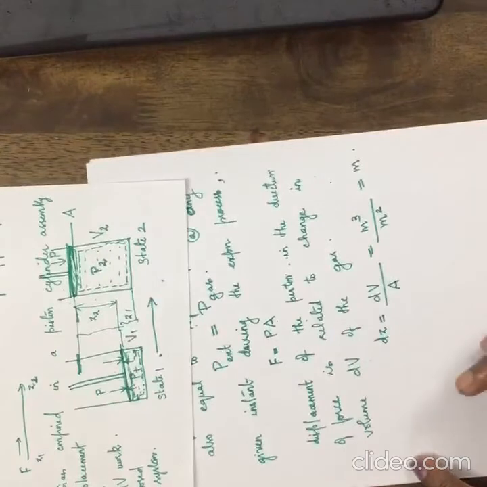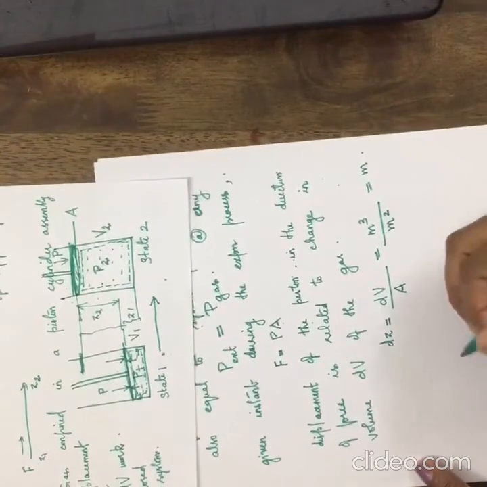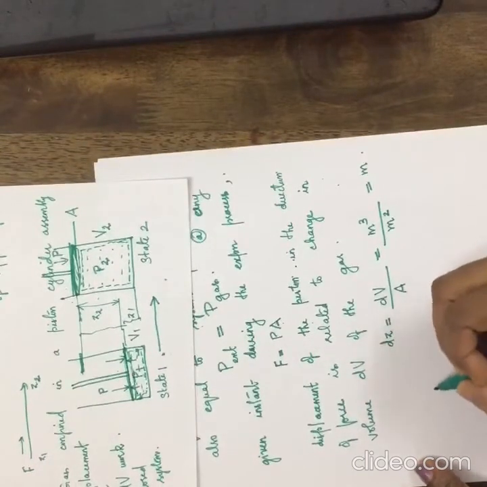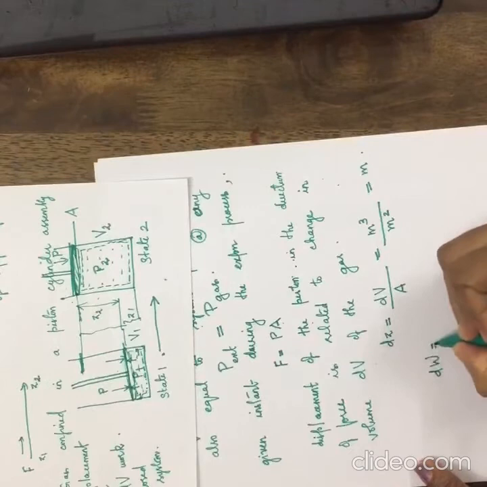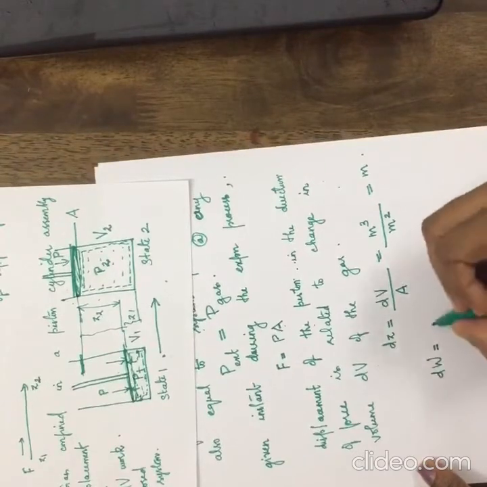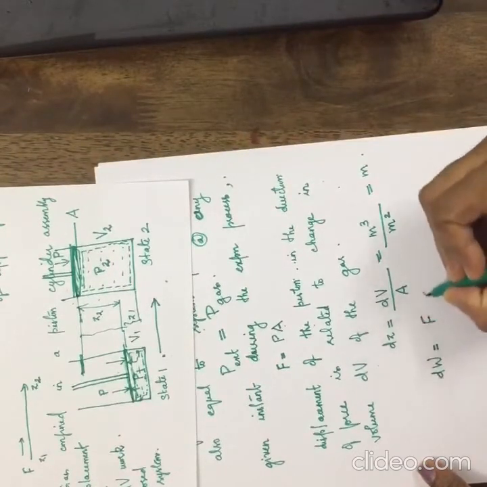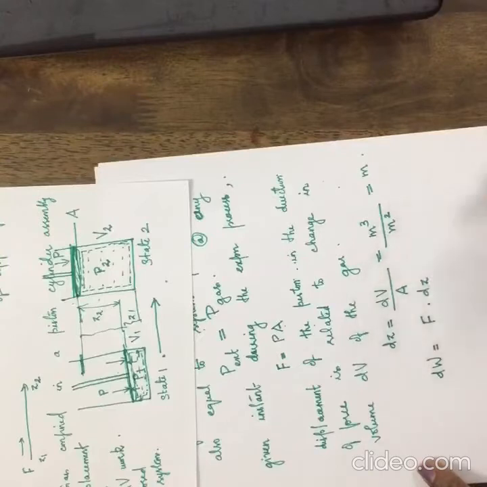Okay. So the work done during this expansion process, according to the mathematical statement, dW is equal to F into dz.